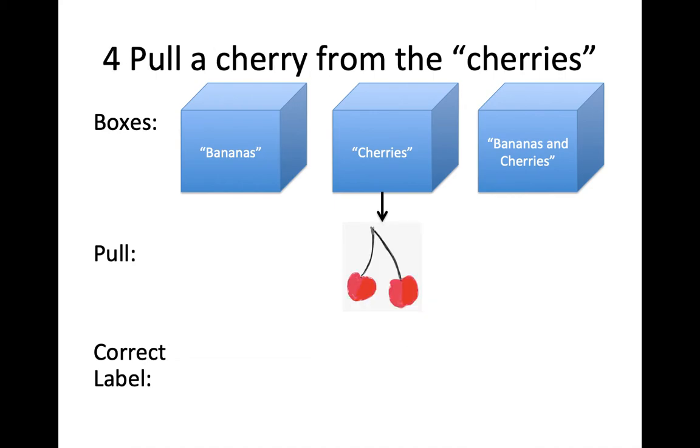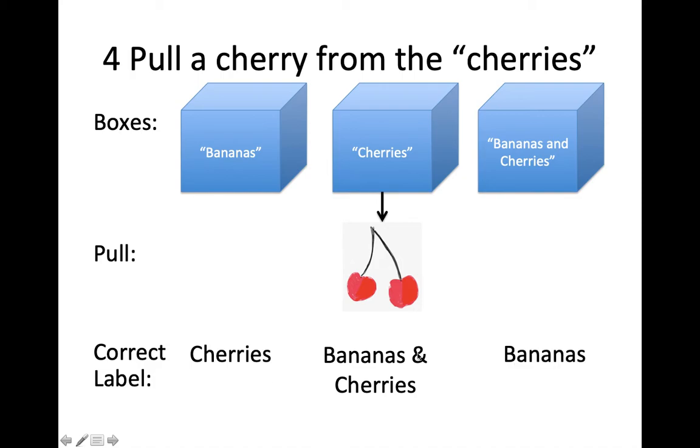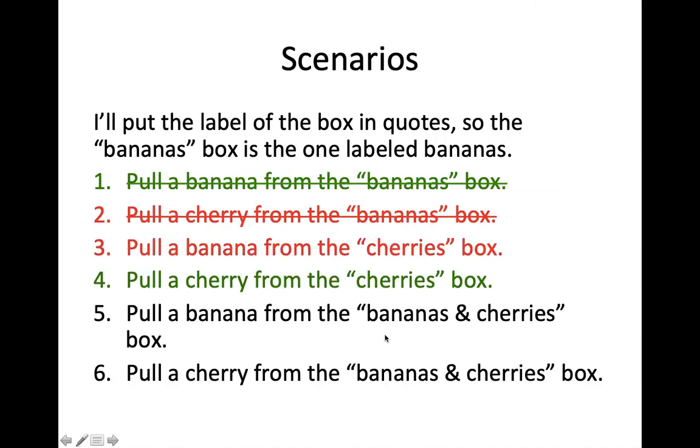If we pull a cherry from the cherries box, we actually do know this has to be the bananas and cherries because it's not just cherries. Then we know that bananas has to be cherries because it can't be both and it can't be bananas, and then the other one has to be bananas. So this would be a success. But putting those 2 together, again, if we pick the cherries box and we pull out a banana, we're done for. We won't know what the boxes are.